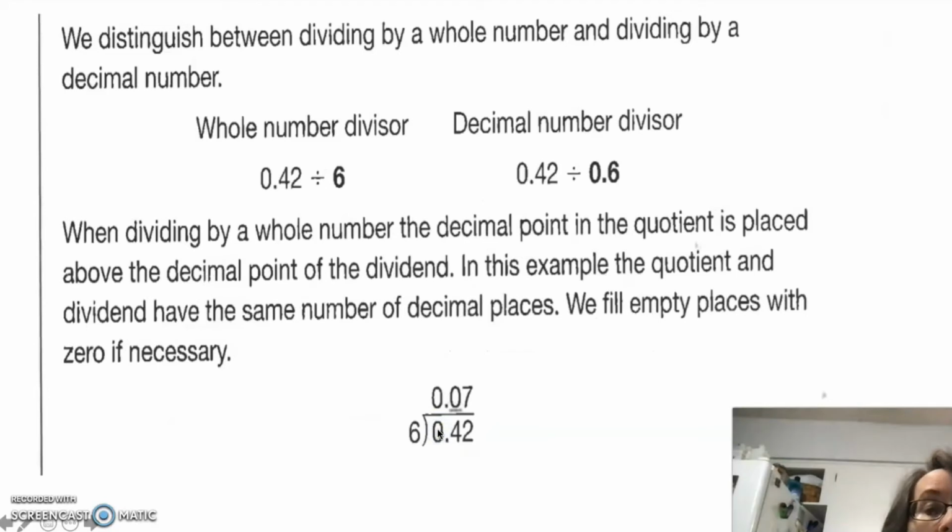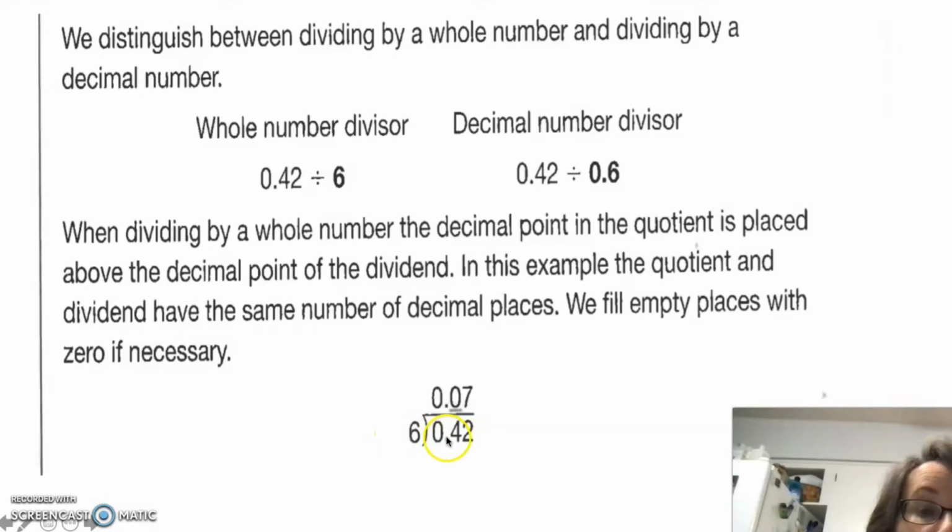So now we're on the next part of the page where it's explaining the concepts. We distinguish between dividing by a whole number and dividing by a decimal number. When we divide by a whole number, here we have 0.42 divided by 6.